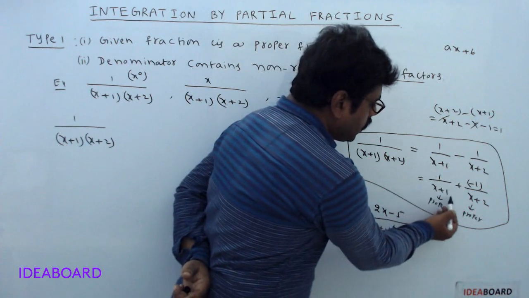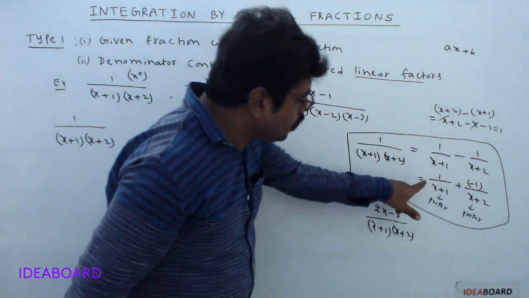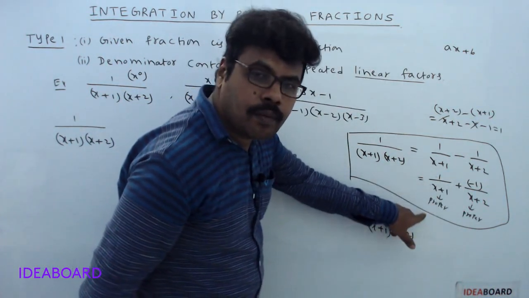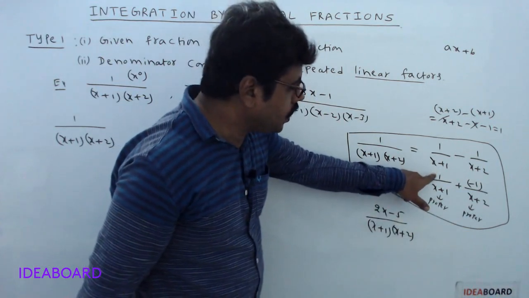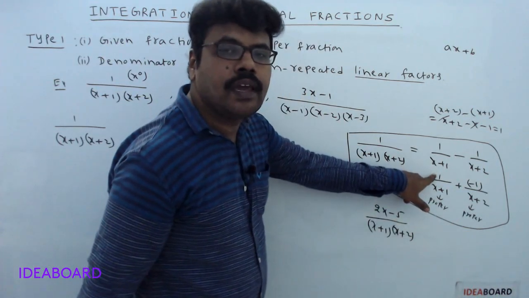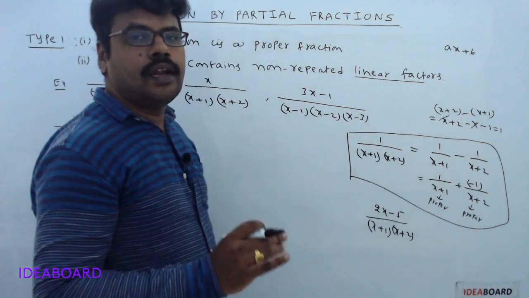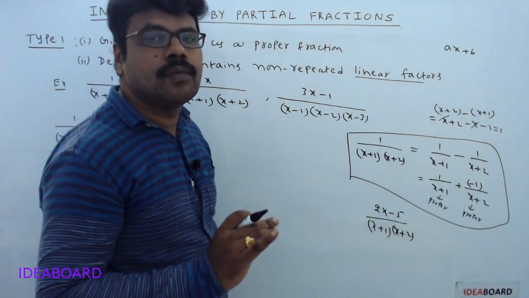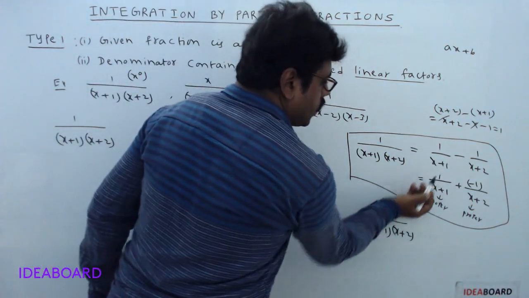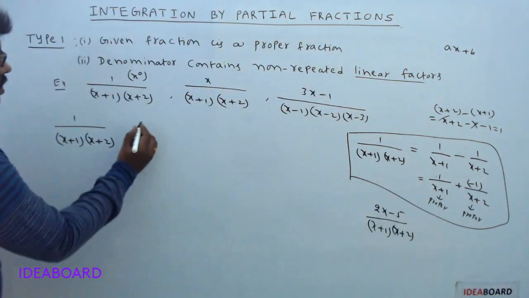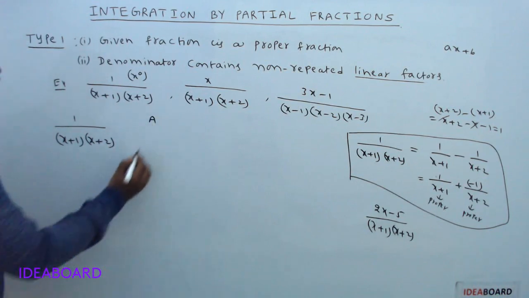Here, the degree of the denominator is 1. So, this fraction represents a proper fraction. Definitely, the degree of the numerator must be 0. We know that the degree of every constant term is 0. So, in place of this constant 1, I will take a general constant, let it be a.